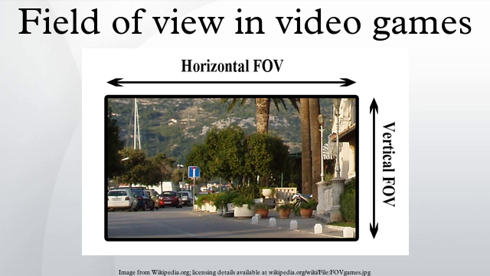Pixel-based scaling is almost exclusively used in games with two-dimensional graphics. With pixel-based scaling, the amount of content displayed on screen is directly tied to the rendering resolution. A larger horizontal resolution directly increases the horizontal field of view, and a larger vertical resolution increases the vertical field of view.